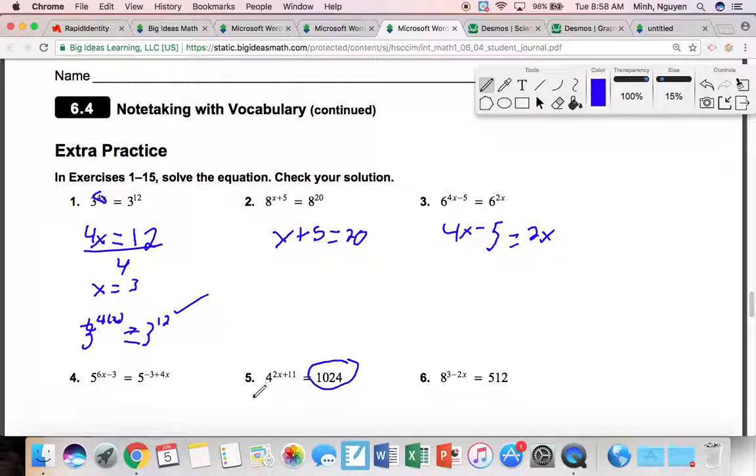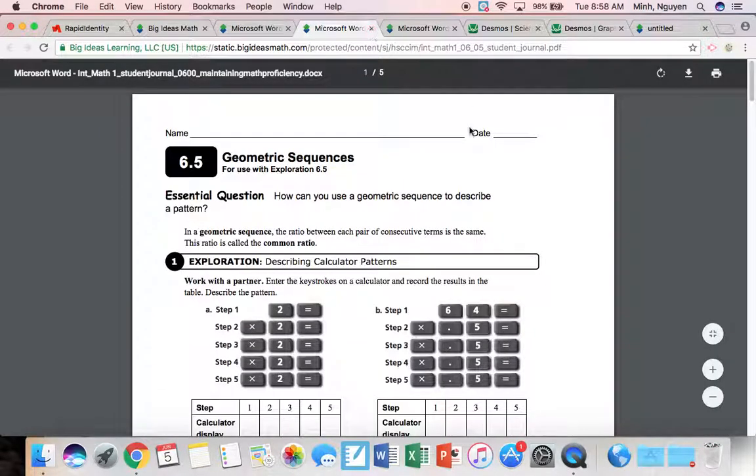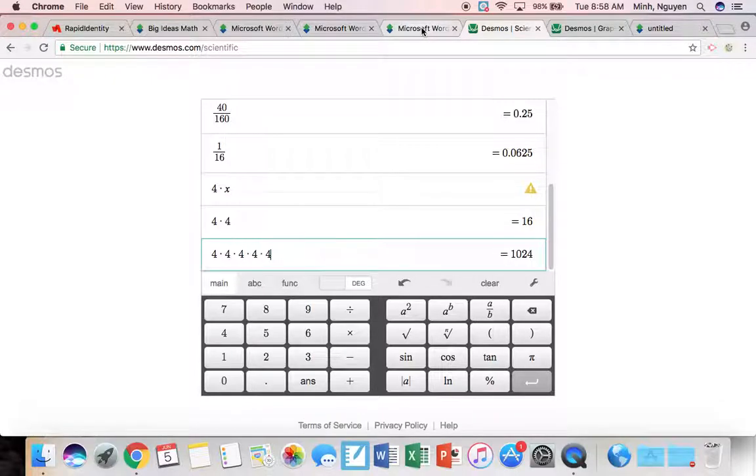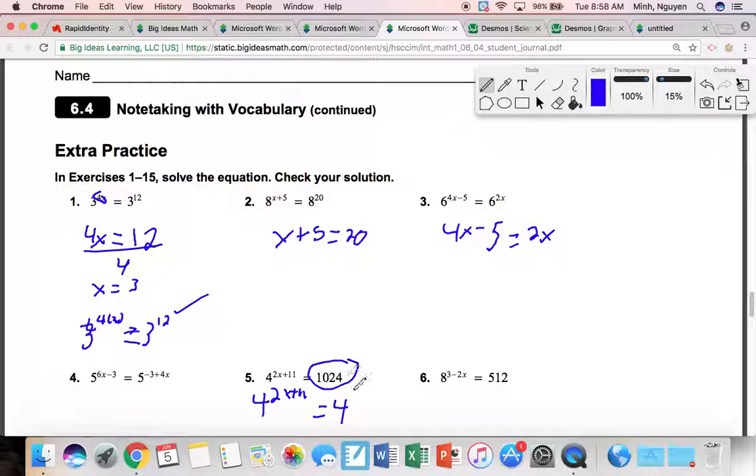Okay, so I could say 4 to the 2x plus 11 equals 4 to the 5th power, because there's 5 4s to make it 1024. So now, for this problem, I will say 2x plus 11 equals 5.